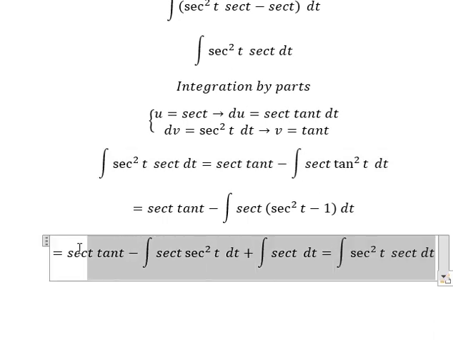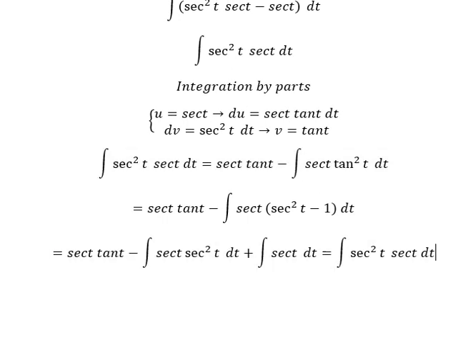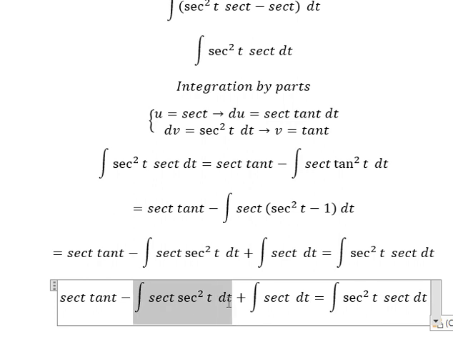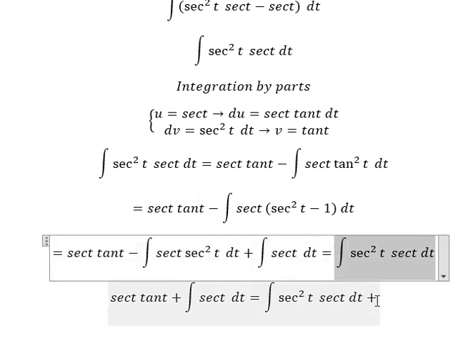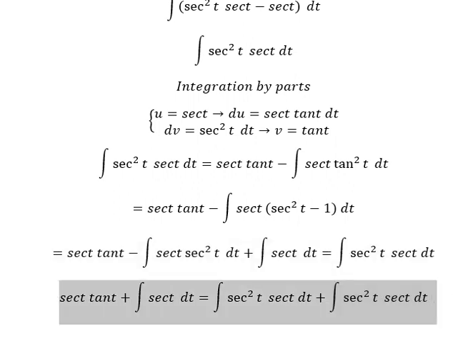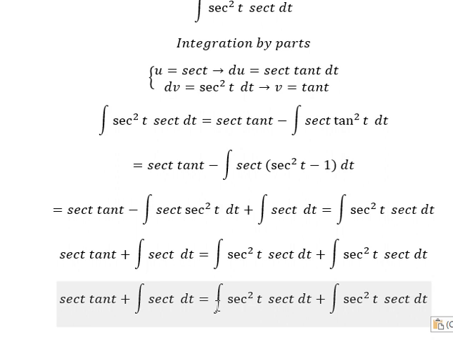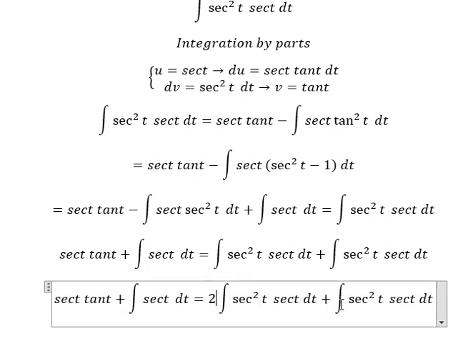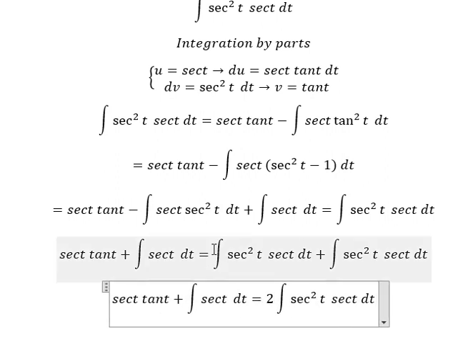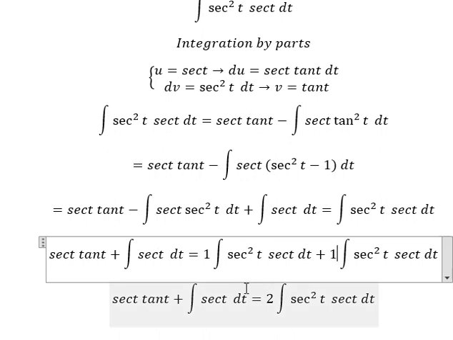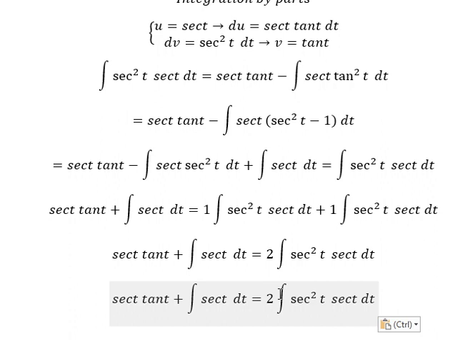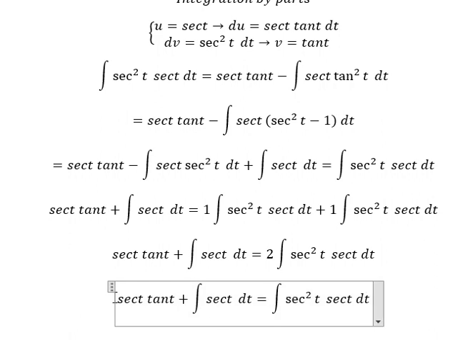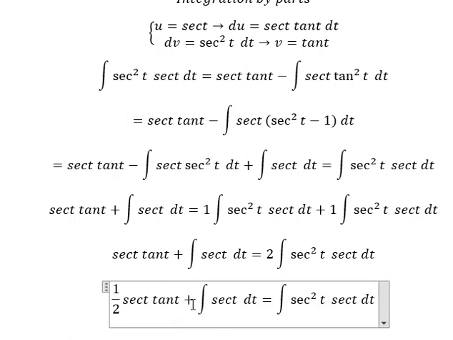So in this situation, I will put this one go to the right. And this one we have number 2 in here, because this one is 1 plus 1 equals number 2. Later we divide both sides by number 2.